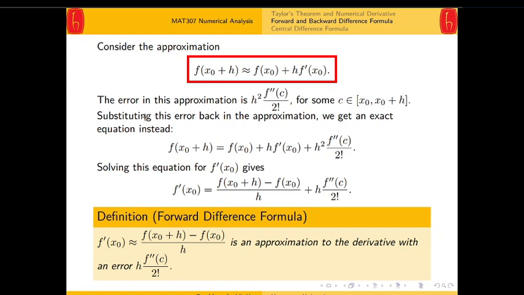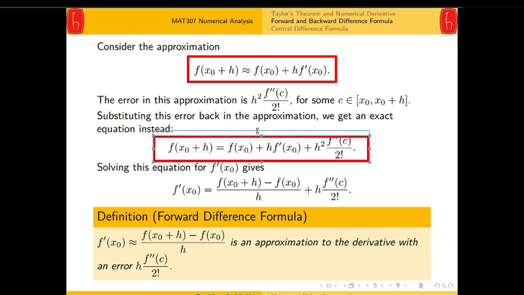Substituting this error back in the approximation, we get an exact equality, because we know the error in this formulation is this much. This part will be an approximation, but the error will compensate for the rest of the terms, and this will be an equality.